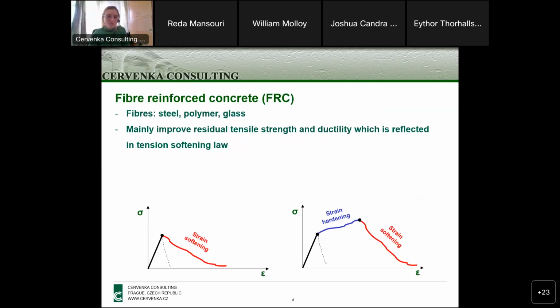Today, we are focused on fiber reinforced concrete. There are different types of fibers, especially when it comes to material. There might be steel, polymer, or glass. But the main difference from normal concrete is the strain softening part of the stress strain diagram.